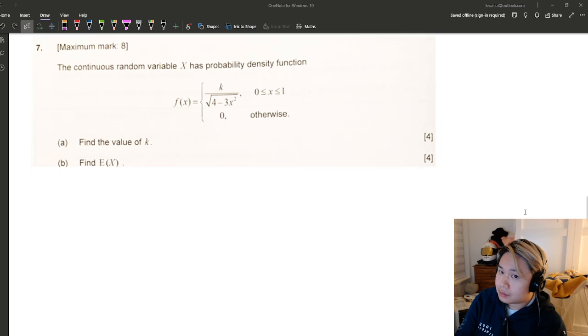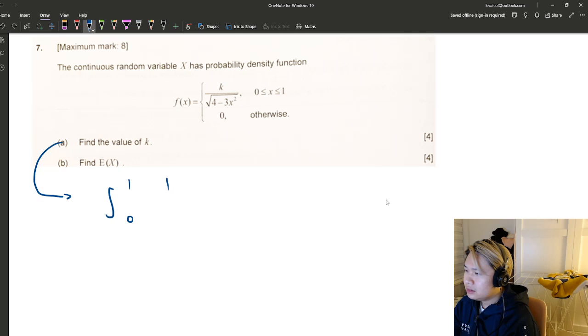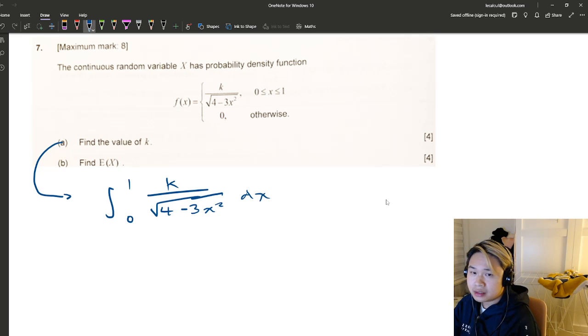So one thing is, well, it's a probability. So if we integrate it from 0 to 1, this should give me the total area under the curve, which is 1, because it's talking about probability.